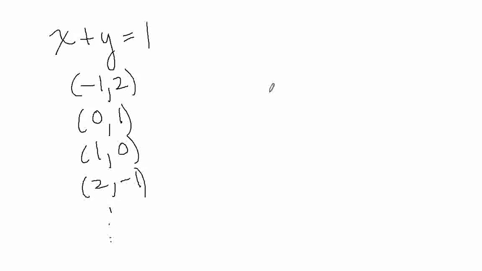Now, if you wanted to communicate all of the solutions, it would be impractical to give an infinitely long list. It would be impossible, actually. So let me show you another way to communicate the set of solutions to this linear equation.